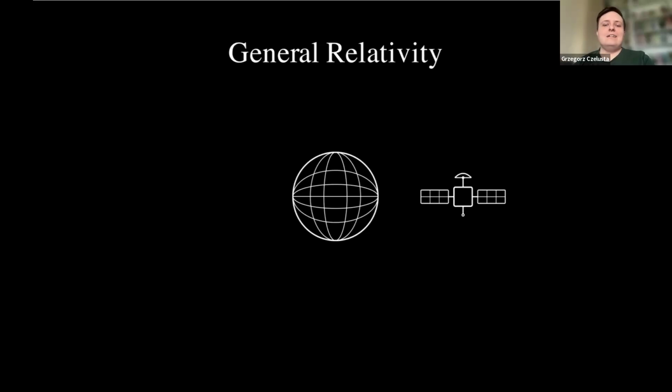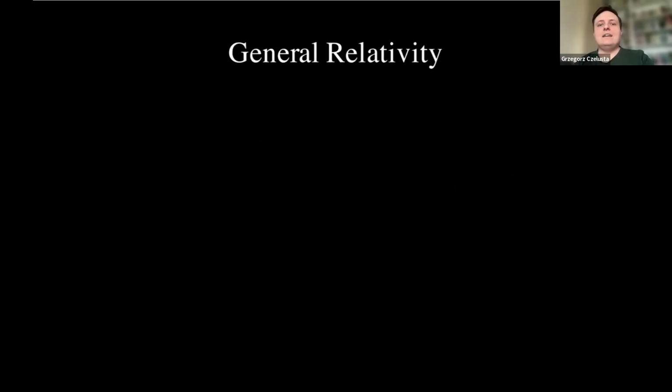For example, with GPS satellites, the dilation of time, which means the difference in the speed of time close to the Earth and on some orbit where there is a satellite, is very different.